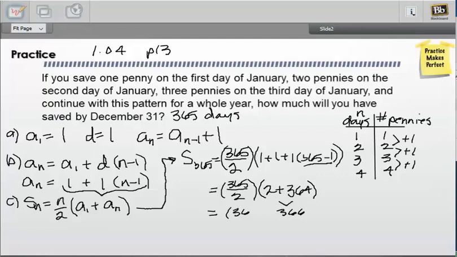And I'm multiplying that by 365 divided by 2. And when you put all this in your calculator, you're going to get this answer. Actually, you're not going to get a decimal there. What I want you to remember is the answer is 66,795. But you got to remember you're dealing with money here, so you've got to move that decimal over 2 spaces.